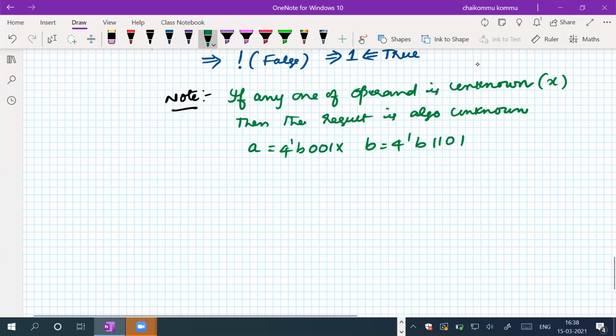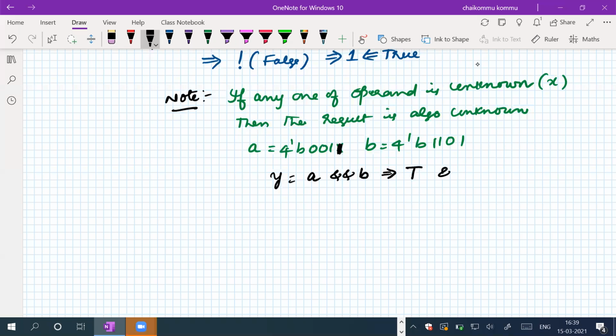For example, Y is equal to A AND B. What is the output for this one? A is not equal to 0, which means true. What about B? It is also true. What is the resultant of this one?